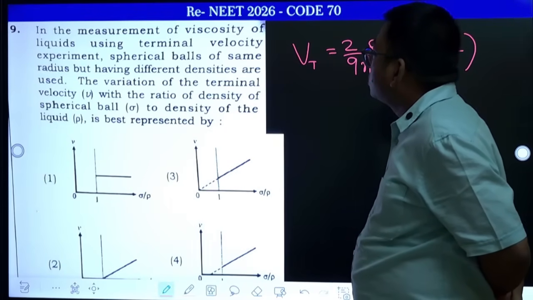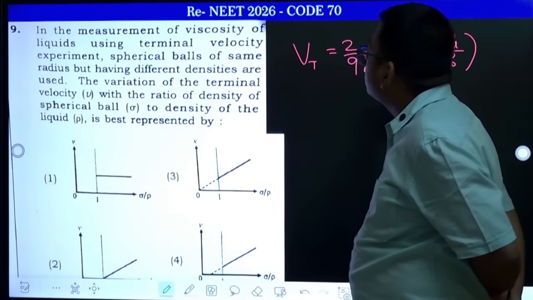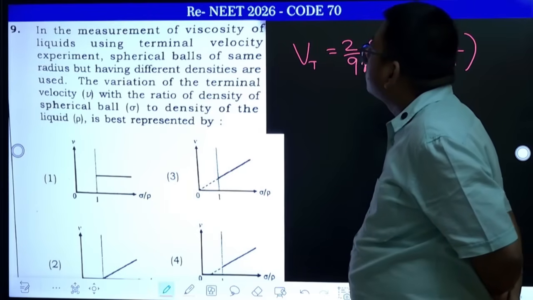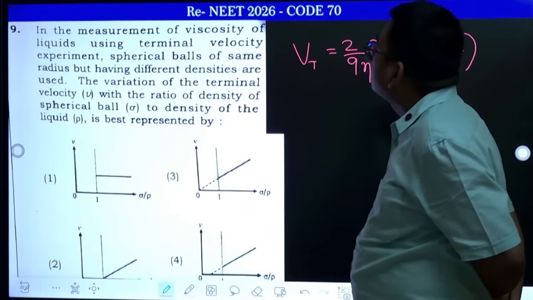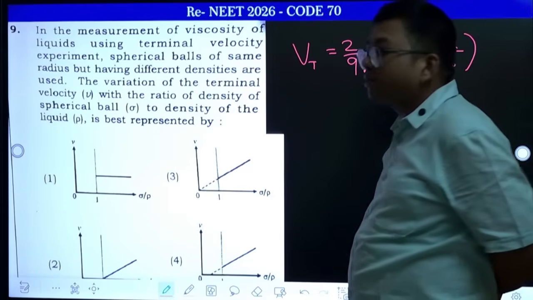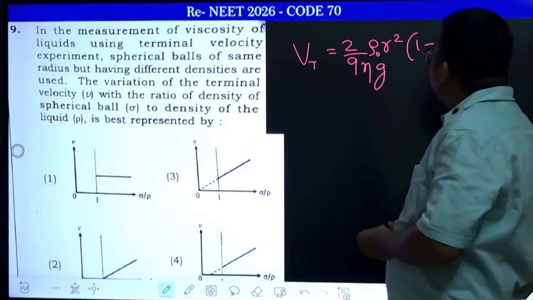Okay, so they are saying same radius but having different densities are used. So that means object density, rho naught, we are changing.